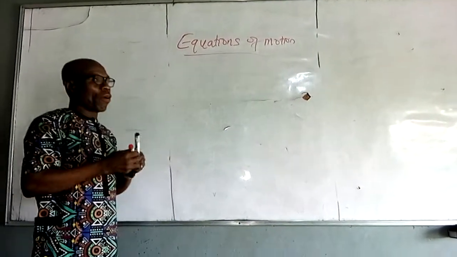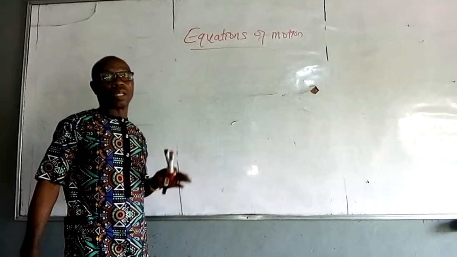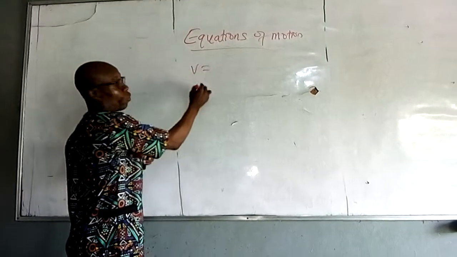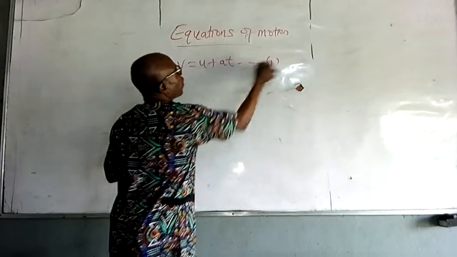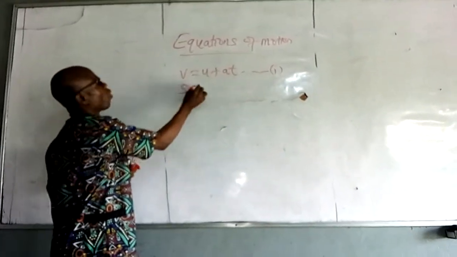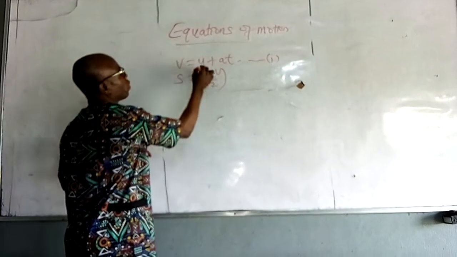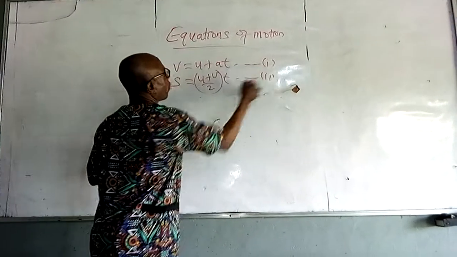There are four basic equations of uniformly accelerated motion, and these are v is equal to u plus at, equation 1. The second one is s is equal to u plus v all over 2 times t, equation 2.